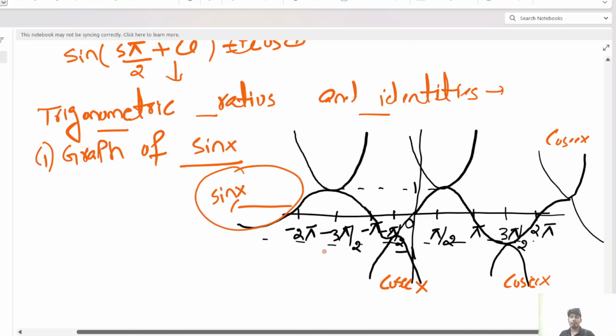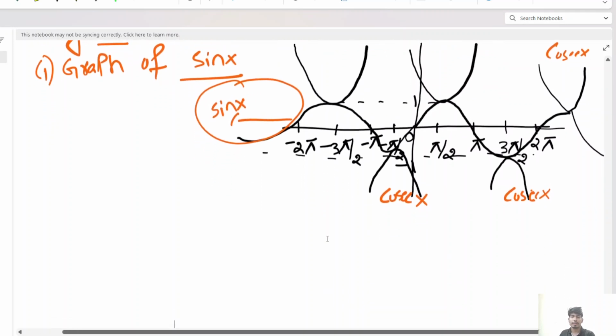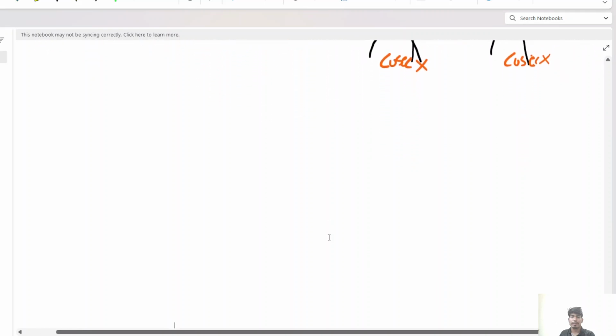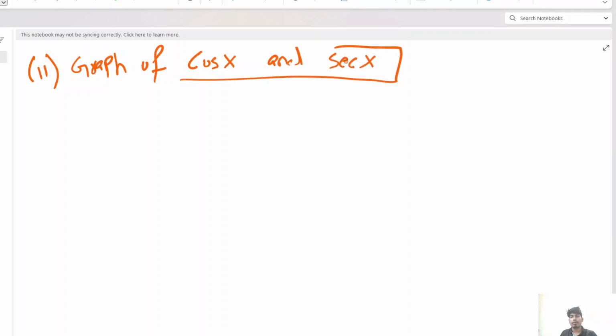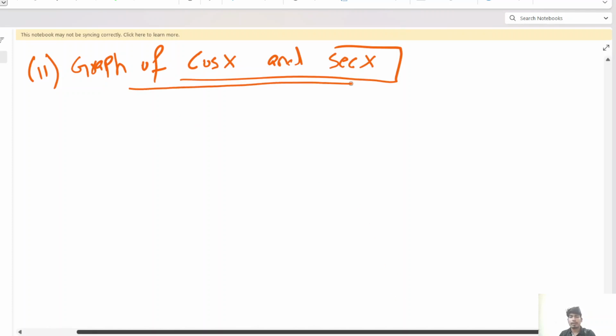Now we do the graph of cos x and secant x. Let's do it.